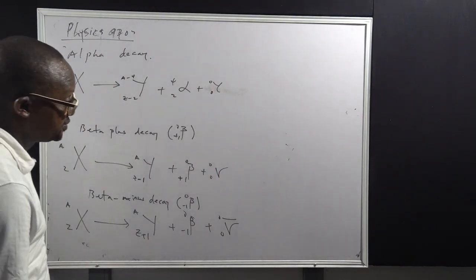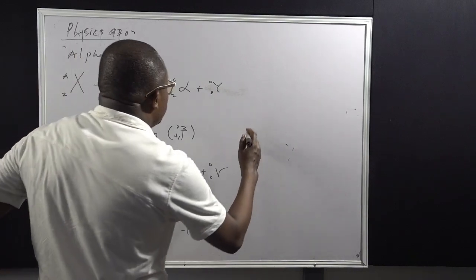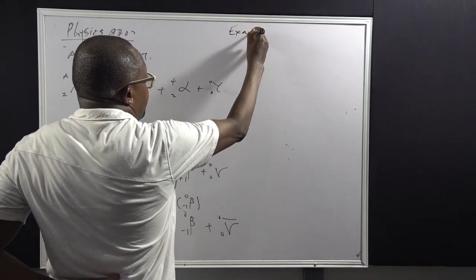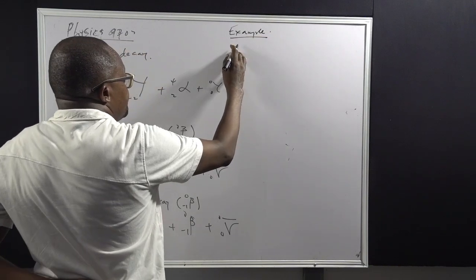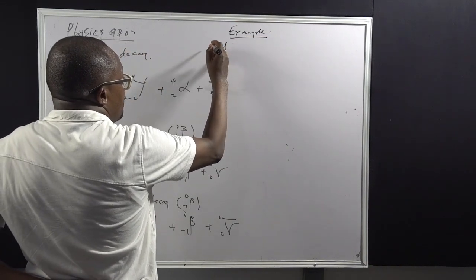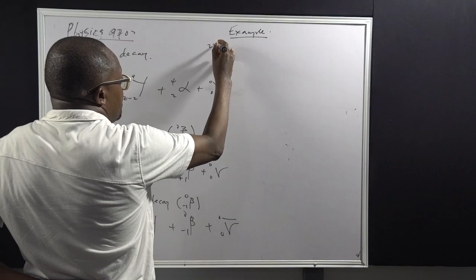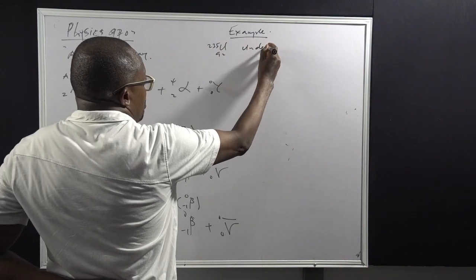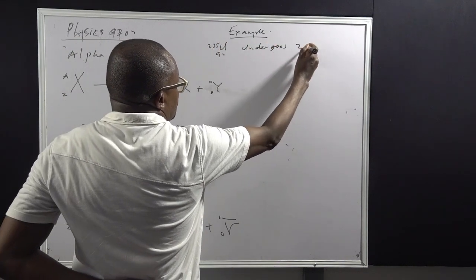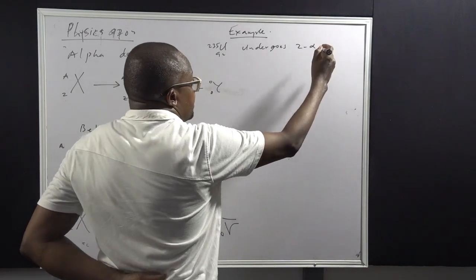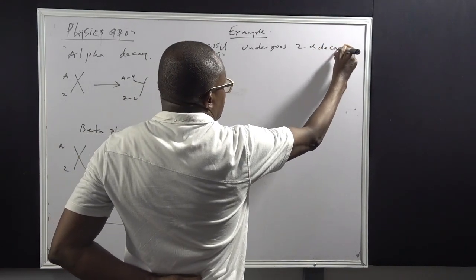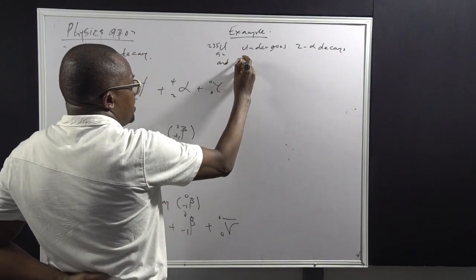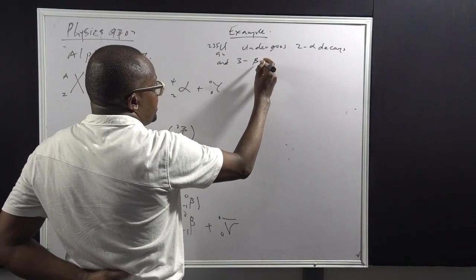Take note of that. So, for example, uranium 235 92 undergoes 2 alpha decays and 3 beta decays.